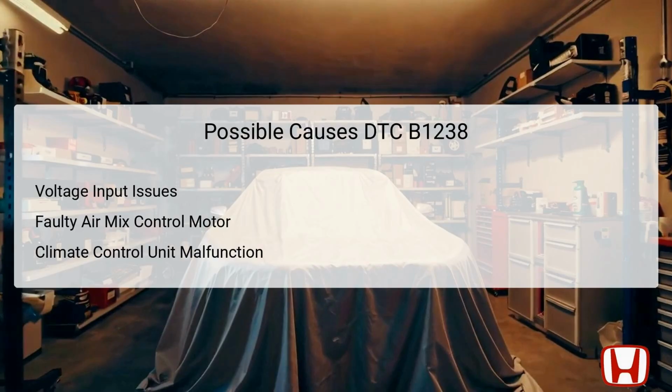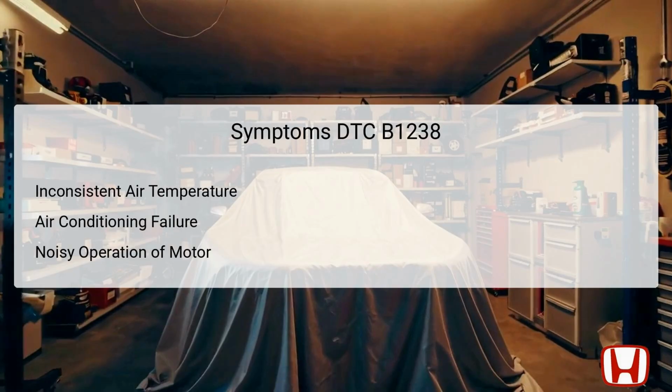If this unit fails or has internal errors, it cannot properly interpret the signals from the air mix control motor. Each of these conditions can cause the DTC to be set, requiring a thorough investigation to identify the exact failure point within the system.